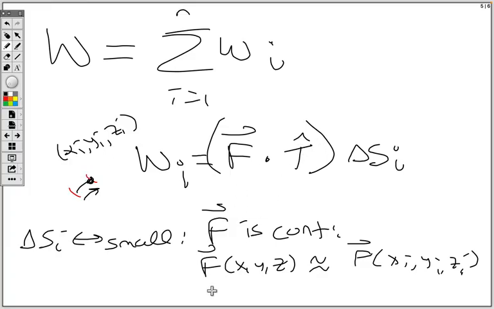And since T hat is continuous, we can also approximate the T hat there as well. So once again, if T hat is continuous, the direction's not going to vary that much over a very tiny piece. And so what this does is set up a Riemann sum.